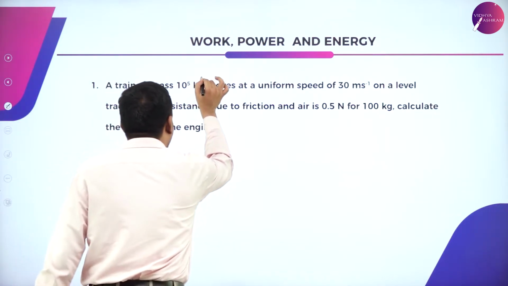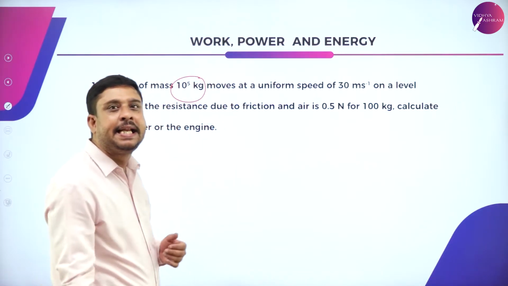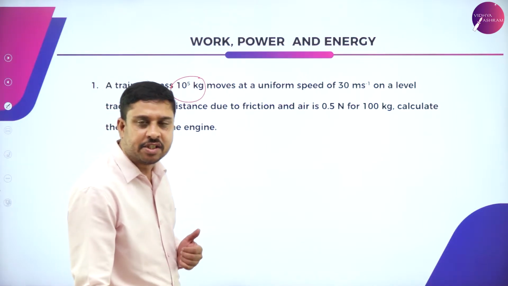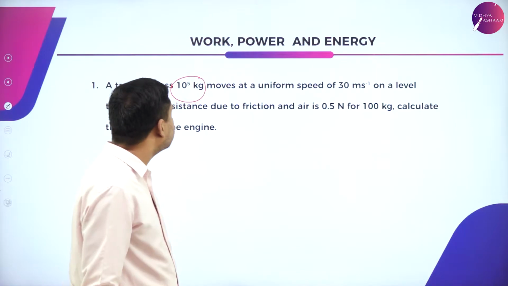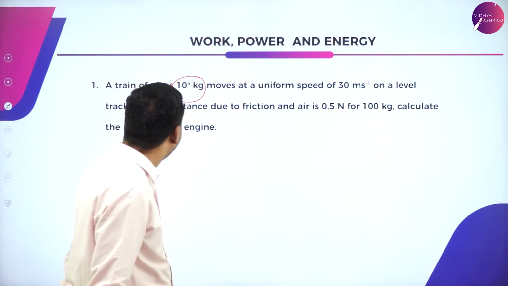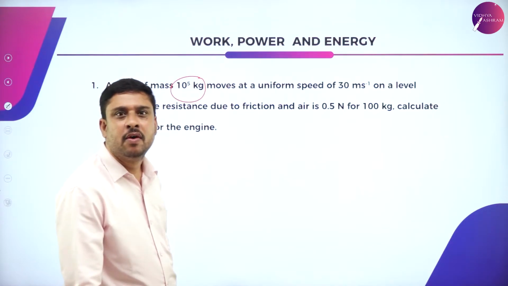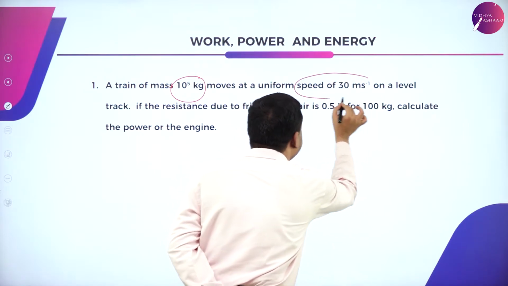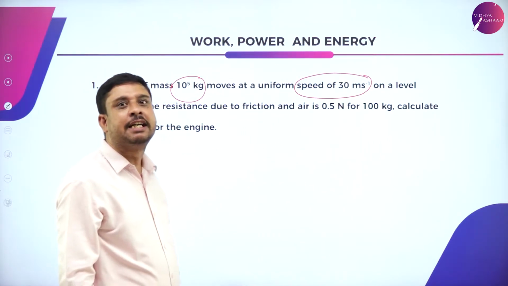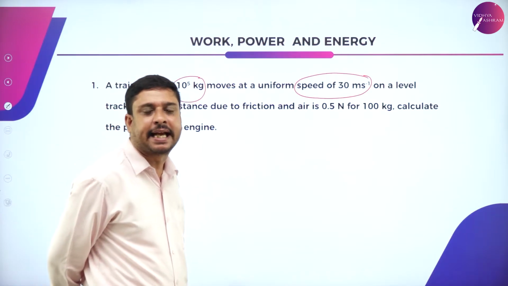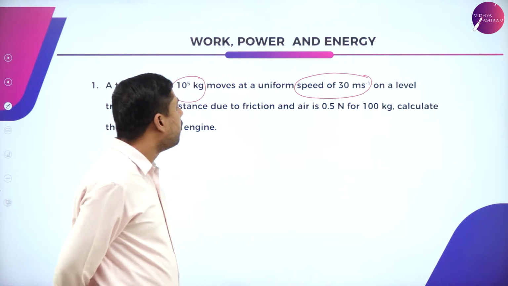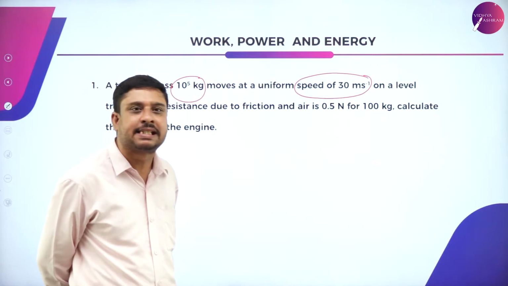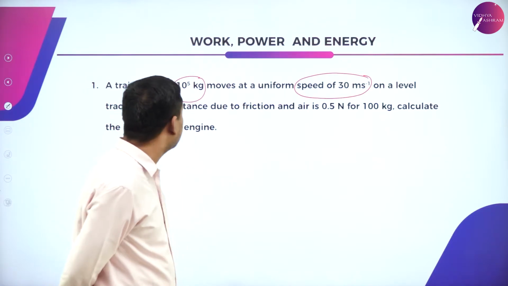a train of mass 10 power 5 kg. There is a train of mass 10 power 5 kg which is moving with a uniform speed of 30 meter per second. Uniform speed of 30 meter per second on a level road.